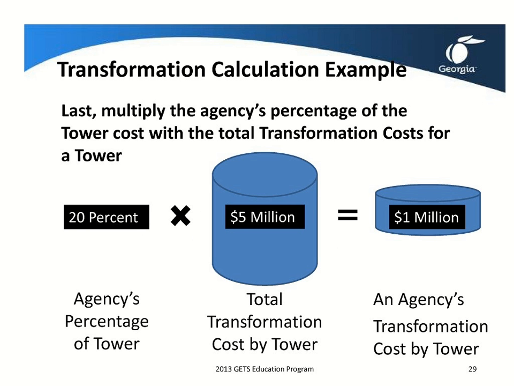So then we take that $1 million and we divide it by 12, and that makes for equal monthly payments on the GETS invoice. The transformation costs per tower are part of the contracts with IBM and AT&T.